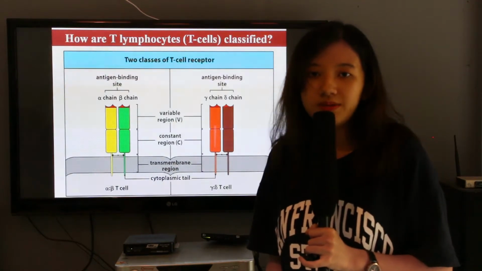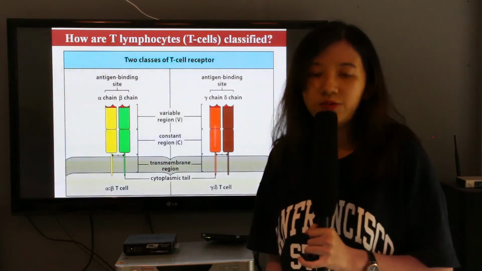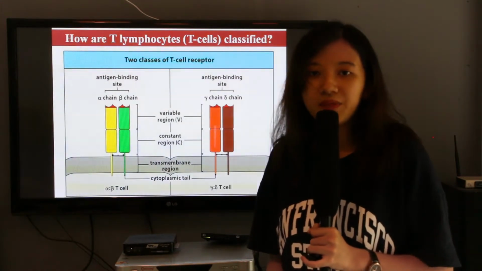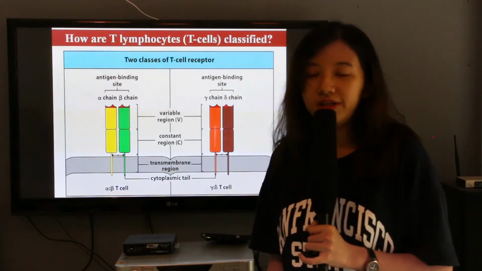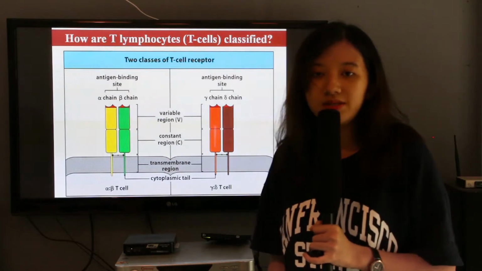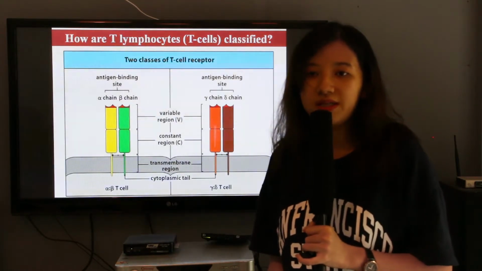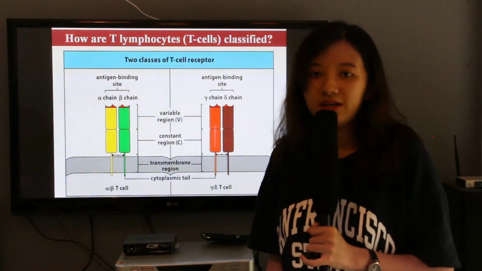Both receptors are associated with a set of 5 polypeptides called the CD3 complex, and together they form the TCR complex. Approximately 90 to 95% of blood T cells are alpha beta T cells, and the remaining 5% are gamma delta T cells.